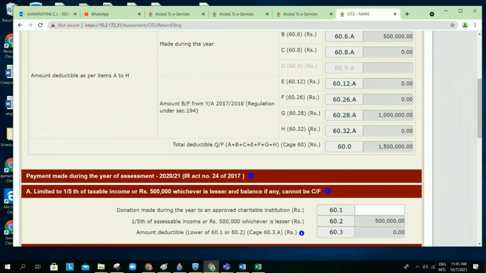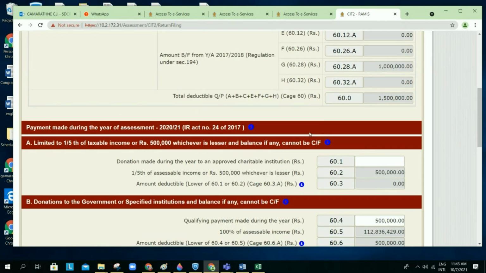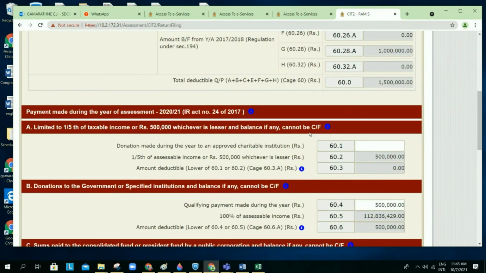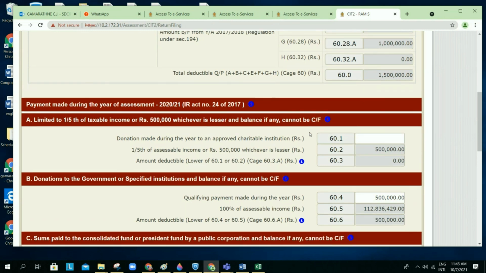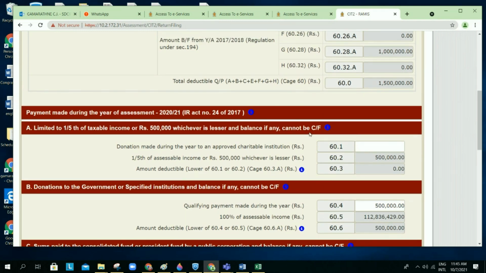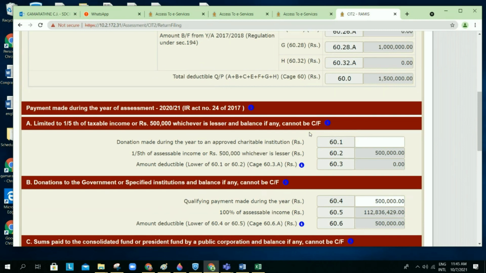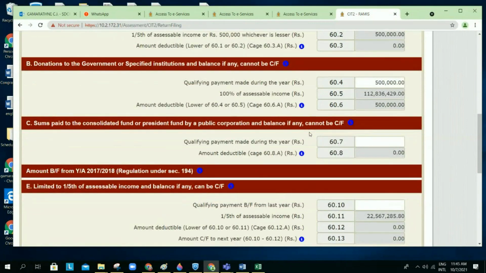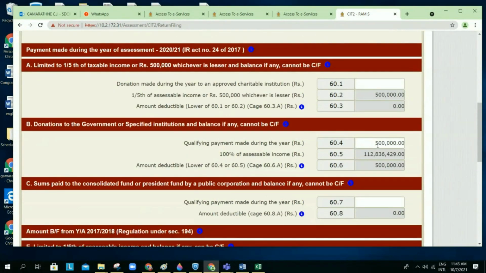Then, as per our example, we have declared two qualifying payments. One is the COVID fund, and the other one is from the 2000 previous act, the government donation. Some amount was donated to the government, and the balance carry forward amount is available, and from 1920 we have here the COVID fund.